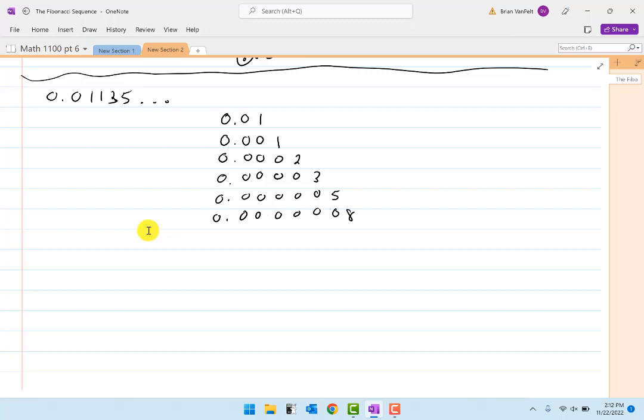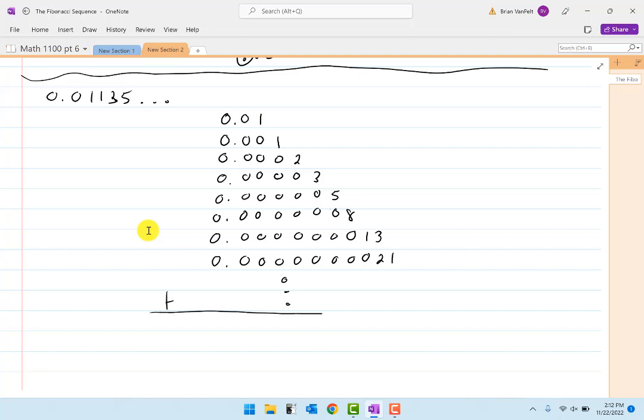So each time I'm putting in a Fibonacci number, but I'm adding a 0. So I'll put a 0 under the 8, and then I'll put a 13 after it. Put a 0 under the 1, and then the next Fibonacci number was 21. And this, of course, goes on forever.